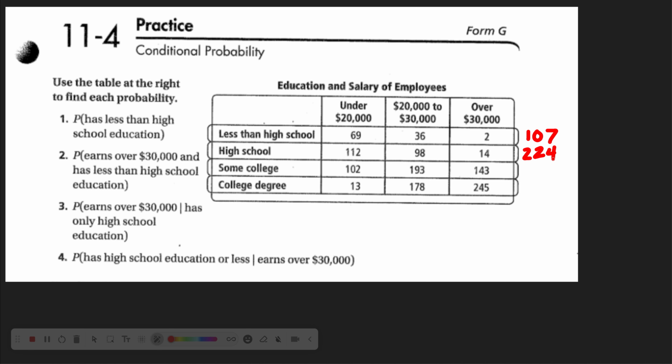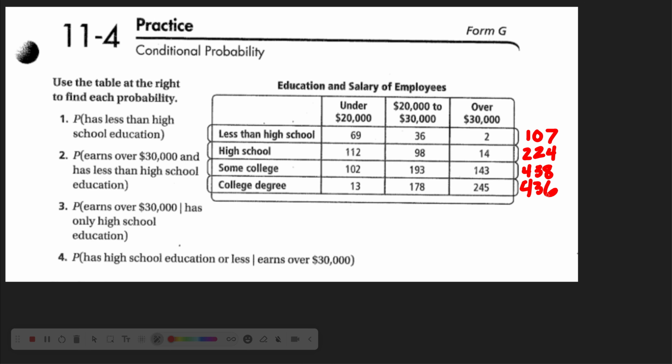These are getting harder. This is 438. And then this is 436.